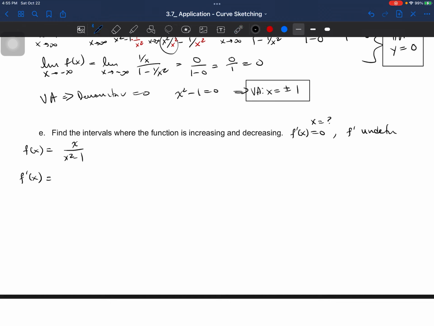Alright, so if we take the first derivative of this, we have to use the quotient rule, right? This is the numerator and this is the denominator. So following our formula, it's going to be like this.